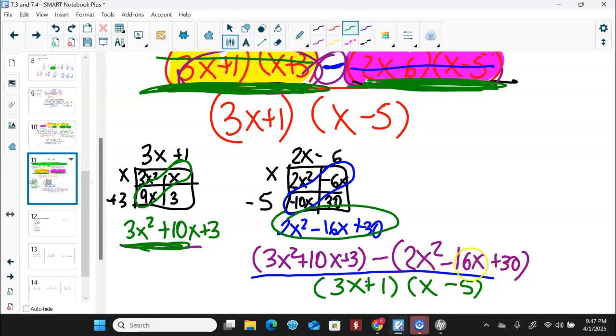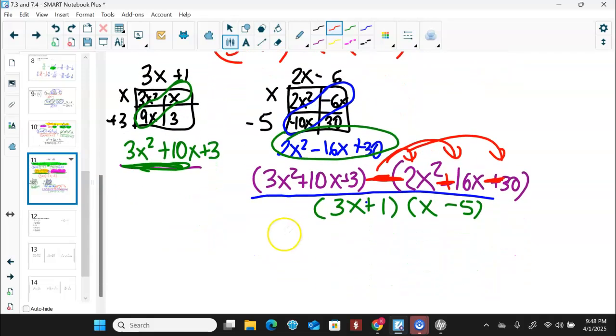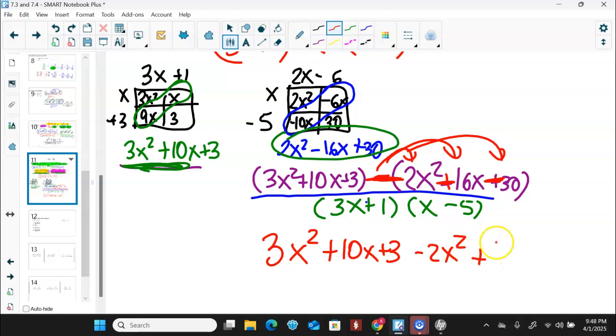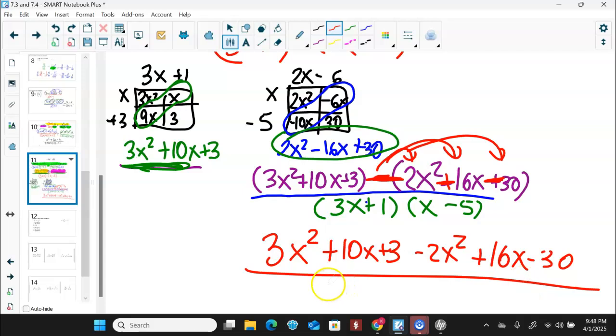Now, I would suggest that you distribute the negative. So negative gets distributed to all of them, which means this changes to negative, this changes to positive, and this changes to negative, okay? So you're going to drop the parentheses: 3x squared plus 10x plus 3, minus 2x squared, plus 16x, and minus 30, over, again, the same bottom denominator, okay?